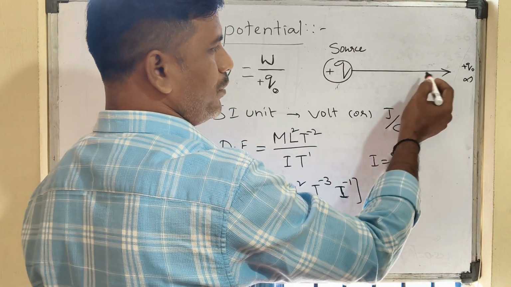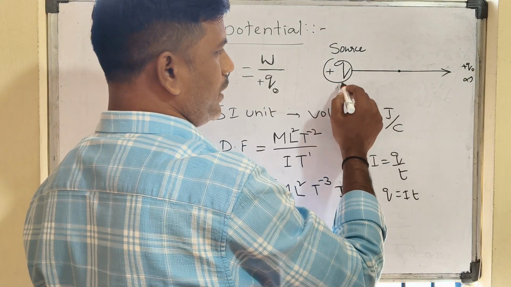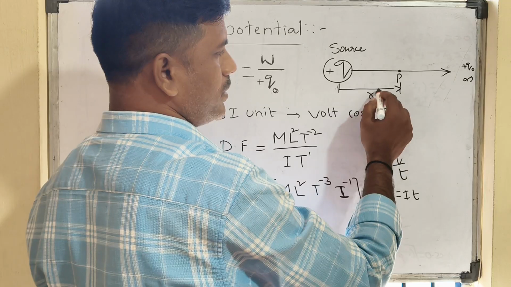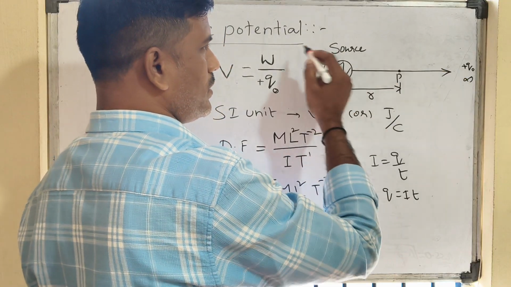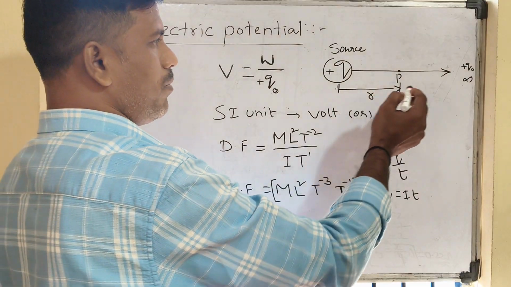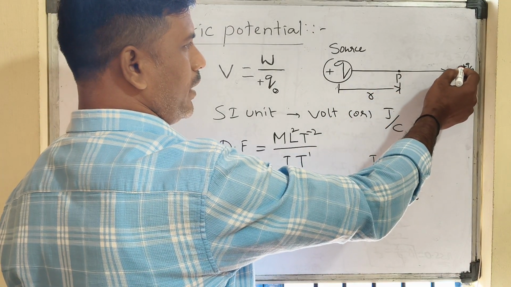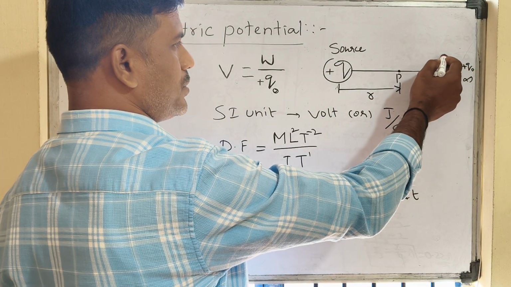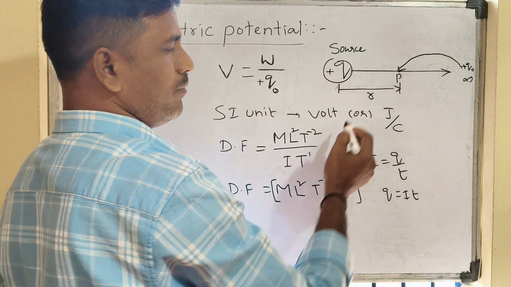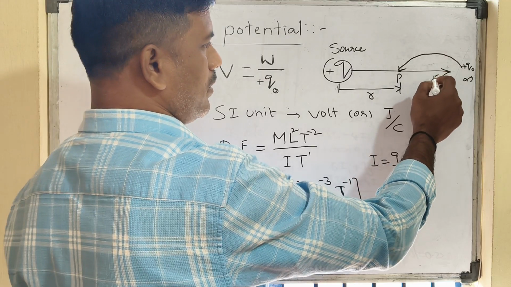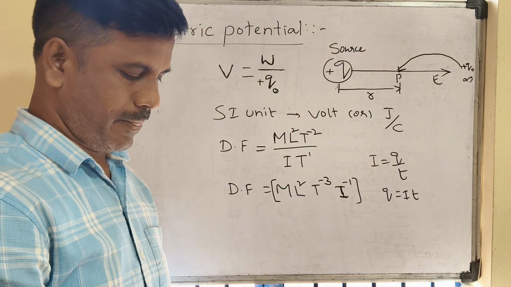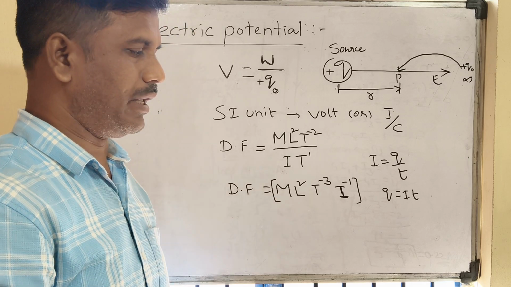We bring that unit positive test charge from infinity to the point P at distance r from the charge, against the direction of the electric field. That is called electric potential. So this is the definition.